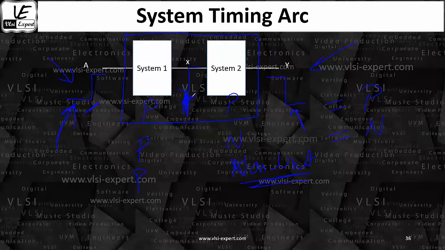At the output you can get positive or negative. Now if you forget about the intermediate system, you applied a positive here, and in the output you are getting a negative also or a positive also. That means the overall system is a non-unit. Similarly, the first system can be non-unit.